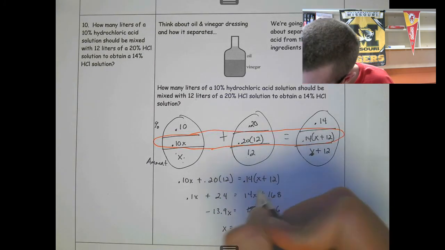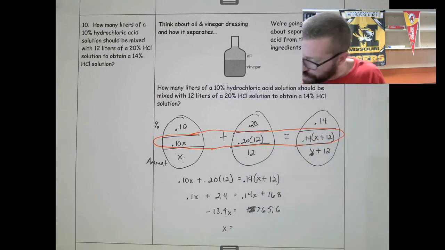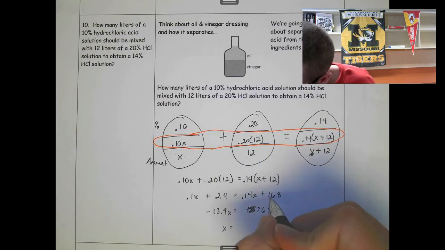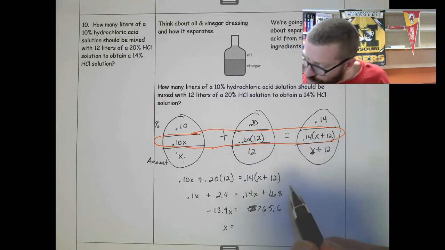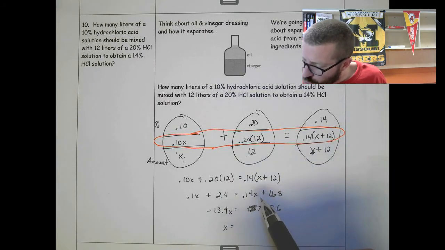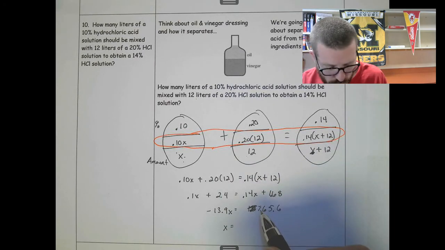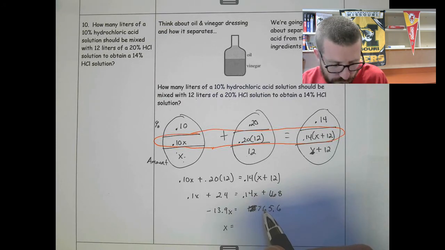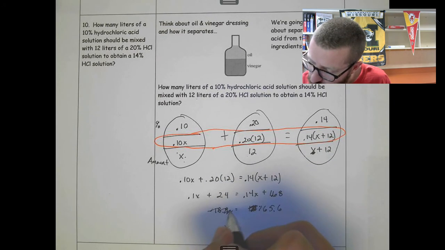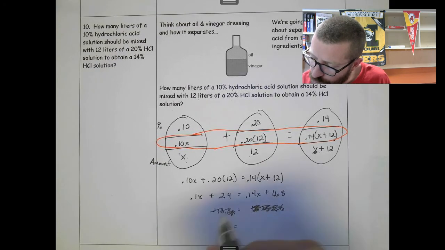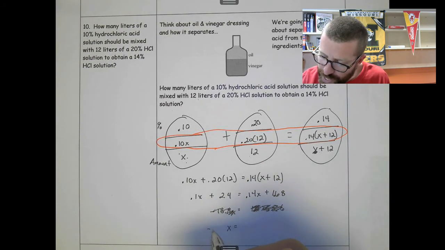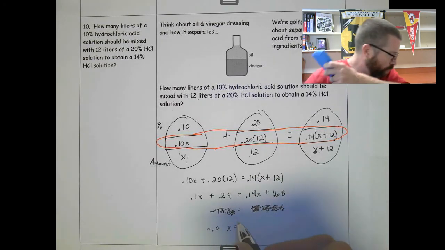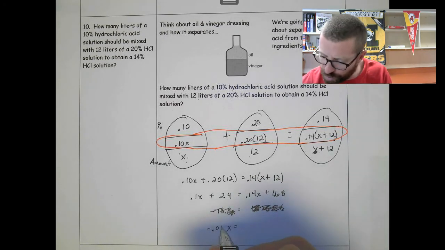Oh, I forgot my decimal up here. Something didn't look right. All right, so bear with me here. Let's fix this. I'm going to start over down here. So if I subtract 0.14x over to the other side, I get negative, excuse me, 0.04x.